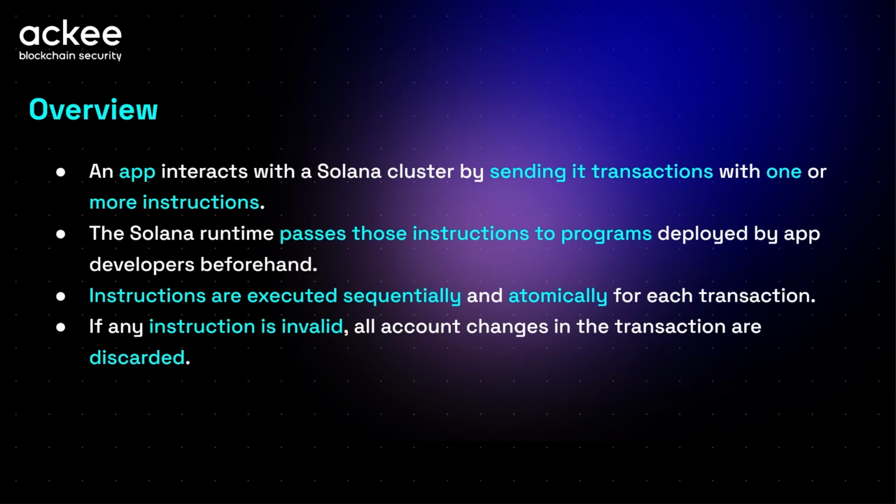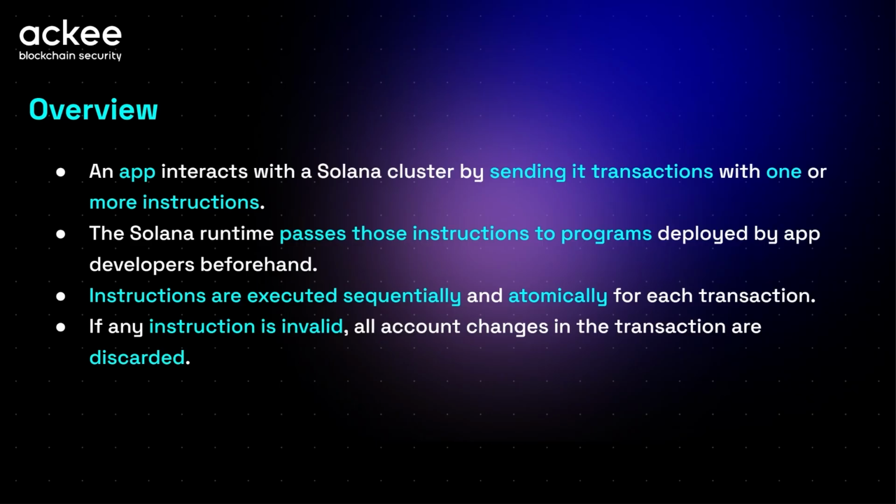So this is the basic idea. This is the overview of how it works on Solana. So it starts with the app. The app creates the instruction or multiple instructions. These instructions are then inserted into the transaction.